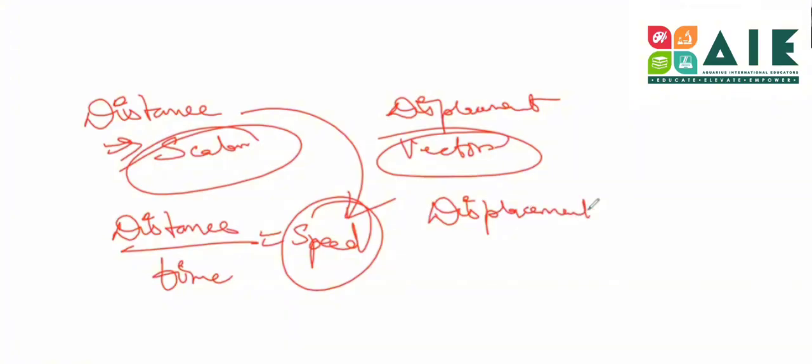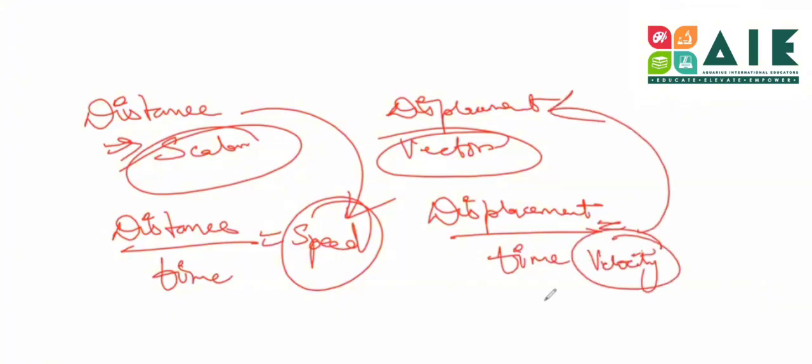First quantity was distance, second was displacement, third is speed, fourth is velocity. Speed is connected to distance, velocity is connected to displacement. Understood?